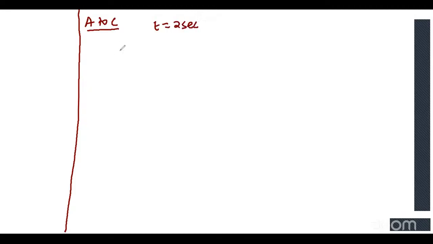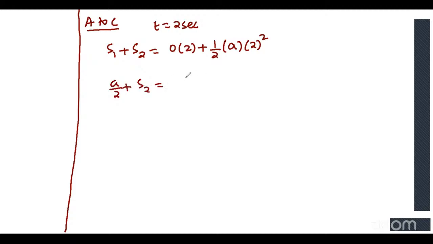Distance traveled is S1 plus S2. So 0 into 2 plus half multiplied by A multiplied by 2 square. S1 we got as A by 2 plus S2 equal to 4A by 2. So S2 equal to 3A by 2.